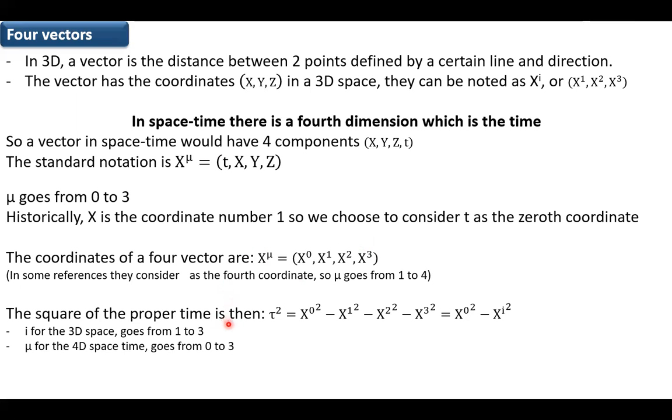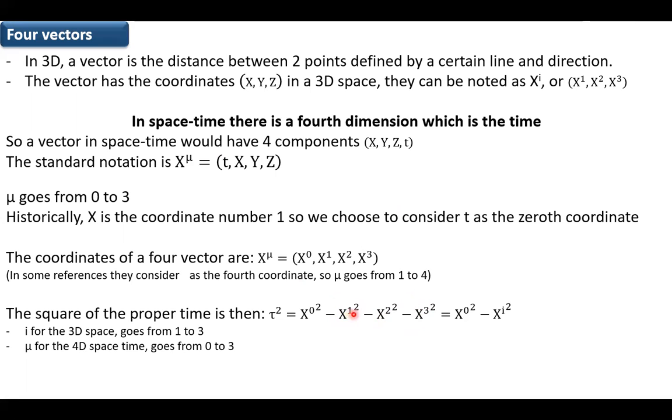So our proper time, or rather the square of the proper time, you can call it proper time always, but it's the square of the proper time, which is t squared minus x squared. Now in a 4 vector notation, we will put it as (x^0) squared instead of t squared, minus (x^1) squared minus (x^2) squared minus (x^3) squared.